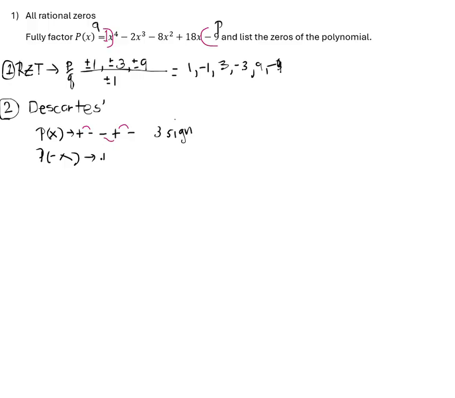That will stay positive, since 4 negatives will still be a positive. A negative x to the third means I'll have 3 negatives, and with the negative that's already out in front, that will convert this term to a positive term. Negative x squared would give me two negatives. That's a positive, and that's a negative out in front. So a positive and a negative means it will remain negative.